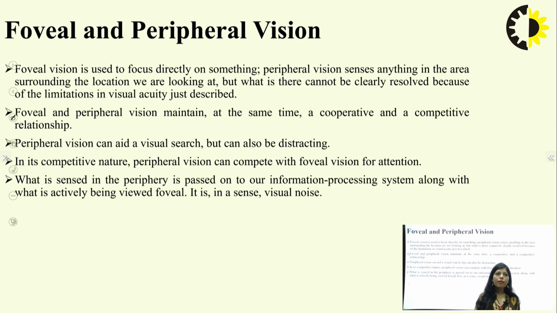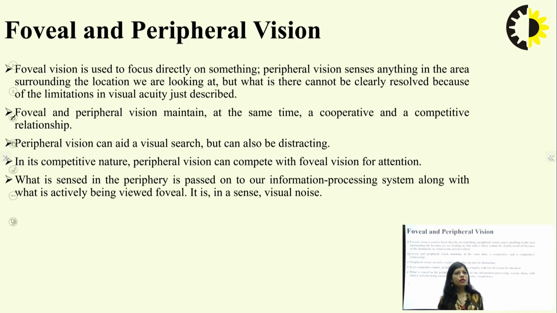Foveal and peripheral vision maintain at the same time a cooperative and a competitive relationship. In foveal vision we directly focus on the object, but in peripheral vision we sense the surroundings.